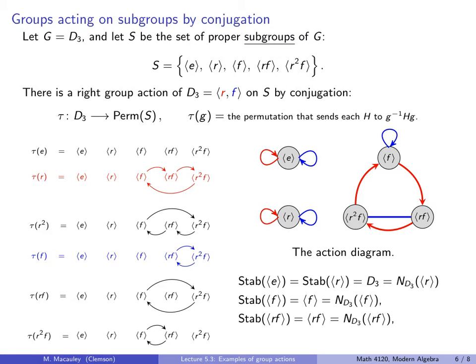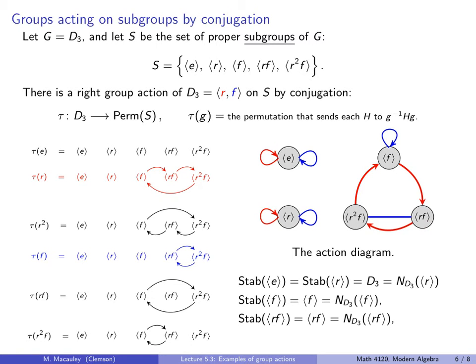Next, the stabilizer of RF also must have size 2, but it doesn't have to be the same, and it's not the same. So what are all paths that start here and end up here? Well, there's the identity, obviously, but then there's also RF, red, blue. So these two elements, or this subgroup, is the normalizer of the subgroup in D3.